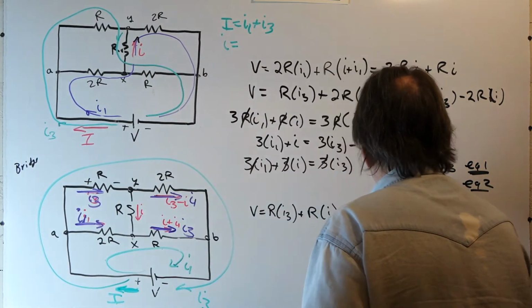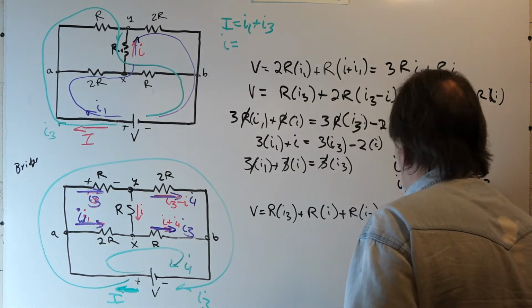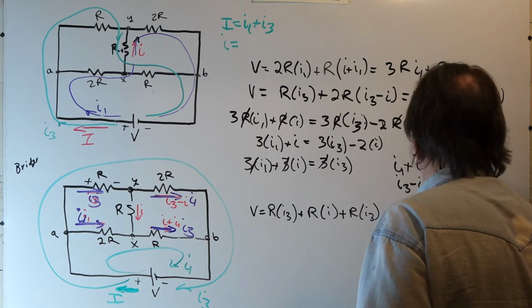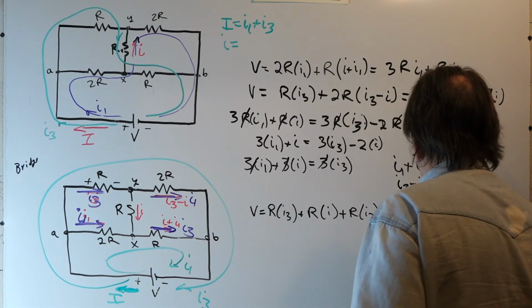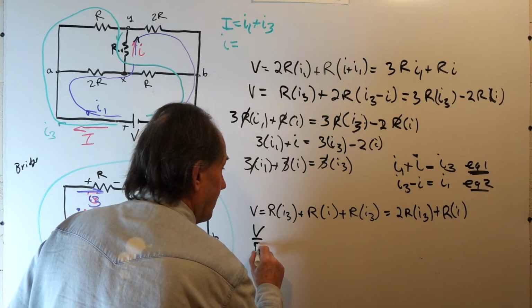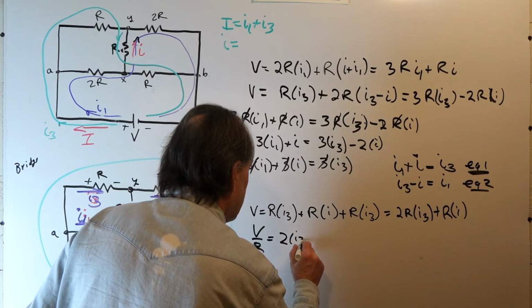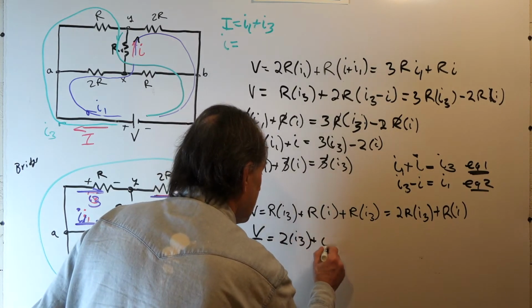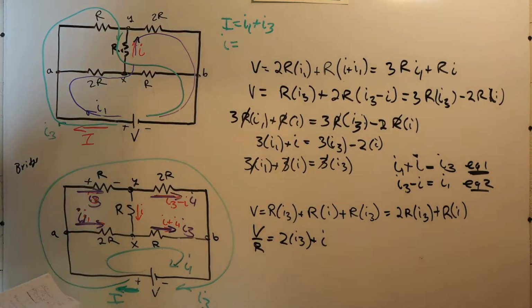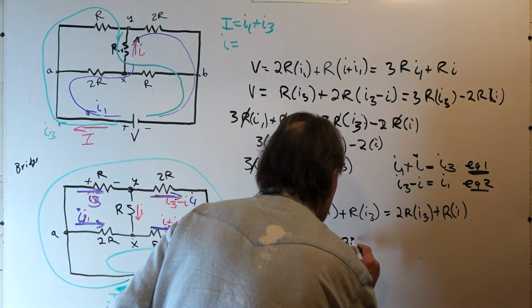Or we have 2R I3 plus R I, and dividing through by R, we have V over R equals 2I3 plus I. We'll call this equation 3.